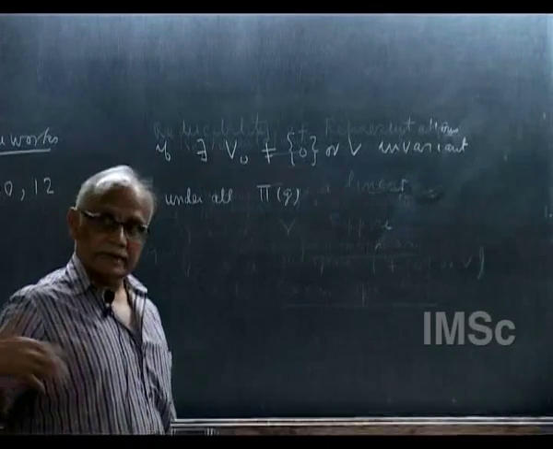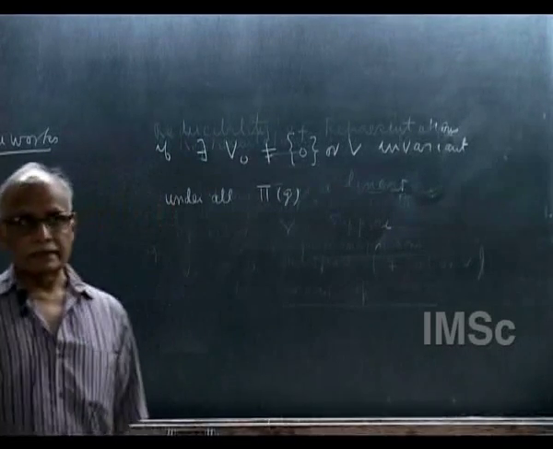So, if it is a reducible representation, all the matrices look like this.